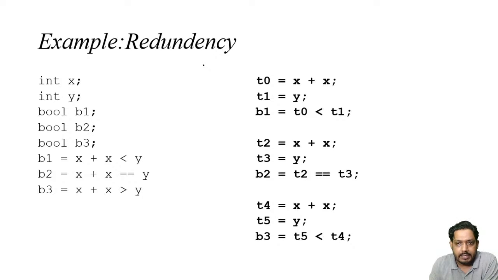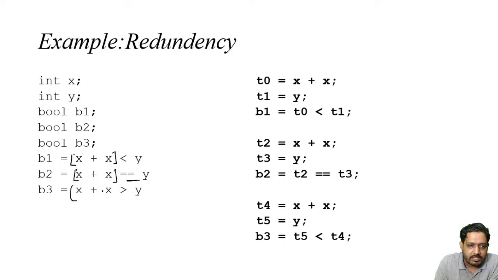Redundancy can be here. Suppose we have three Boolean variables, and they are something like this: x plus x less than y, x plus x exactly equal to y, and x plus x greater than or equal to y. The code will not look in this way.